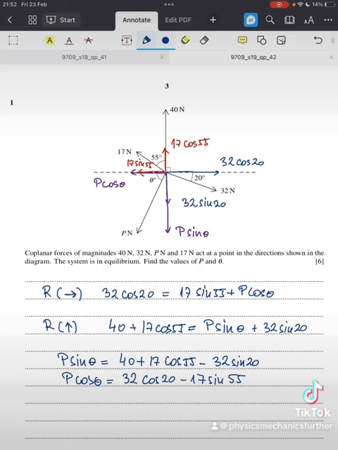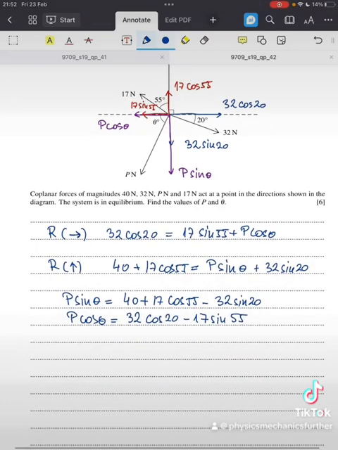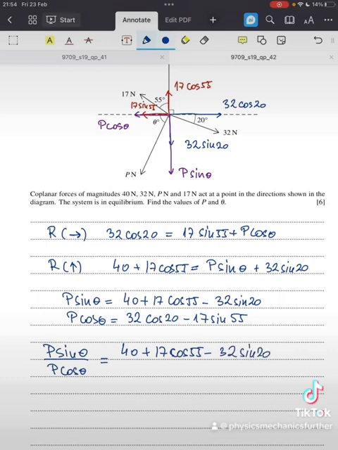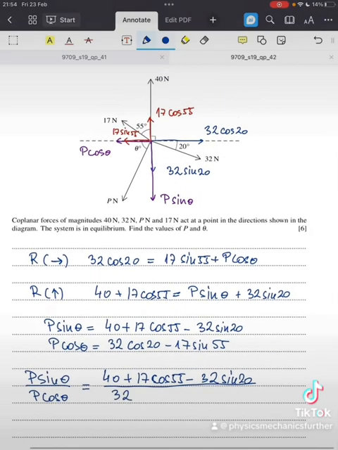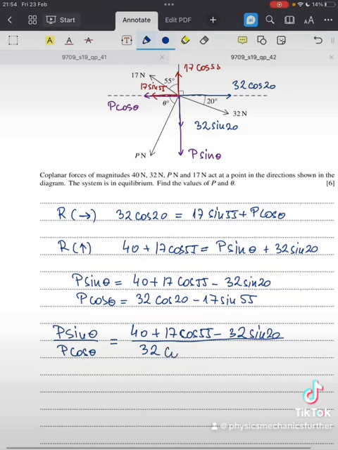So you basically are going to divide P sin theta over P cos theta, equals 40 plus 17 cos 55 minus 32 sin 20, all over 32 cos 20 minus 17 sin 55.